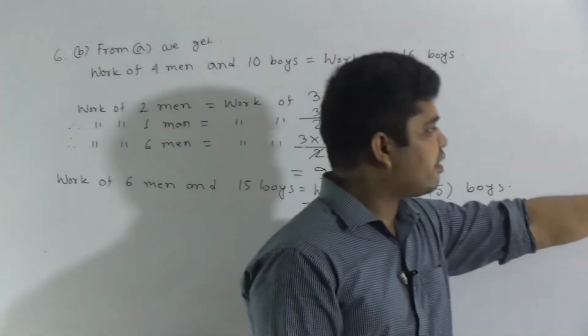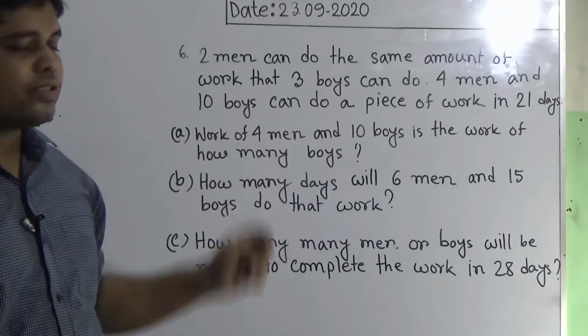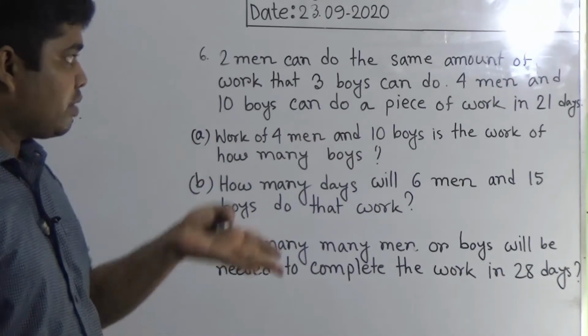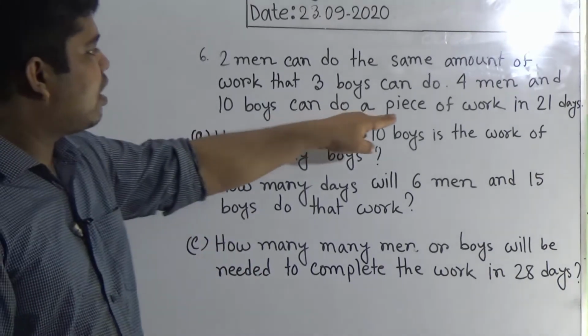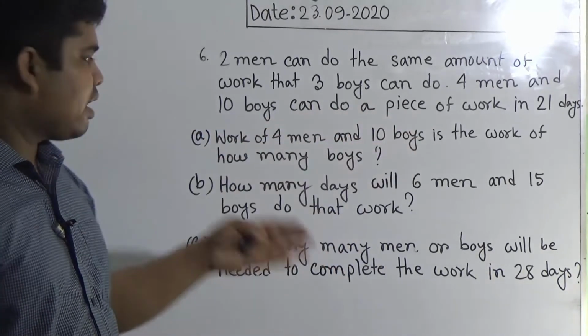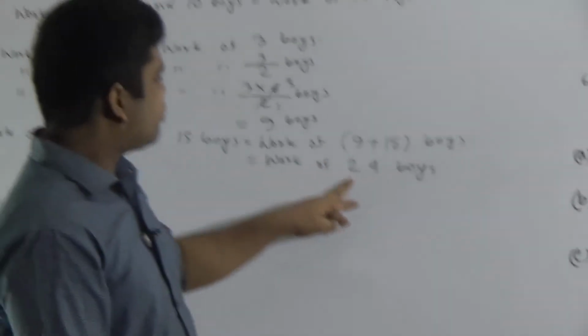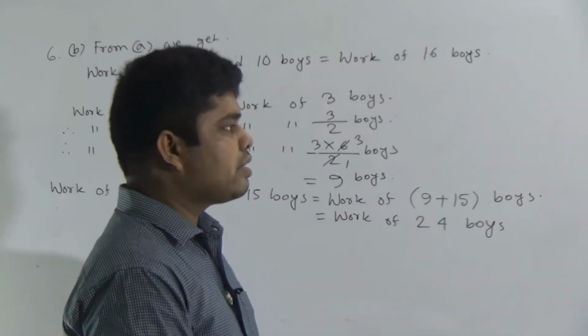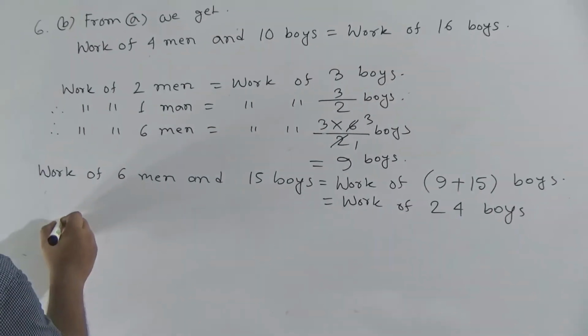Now we can write from here that 16 boys can do a piece of work in 21 days. Therefore, 1 boy can do the work in how many days? After that, we write 24 boys can do the same work in how many days?